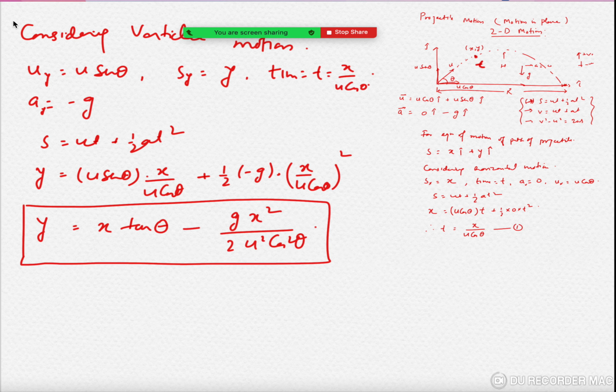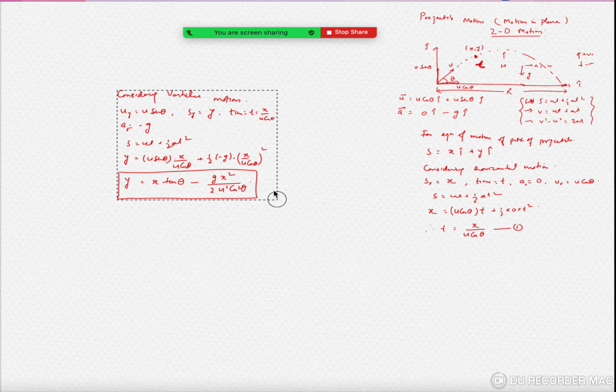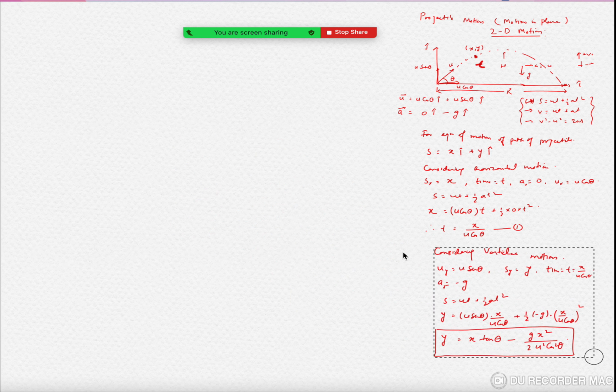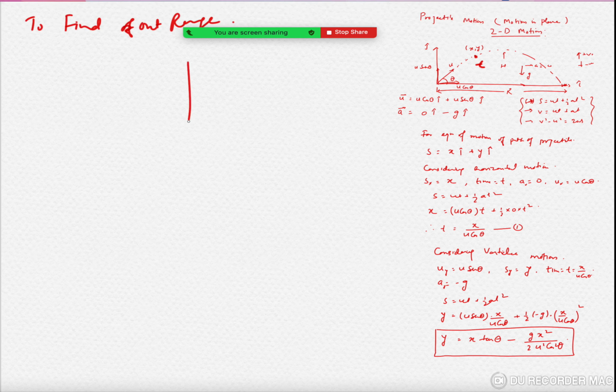So to find out a range. If I make the figure again, at range, if this is 0, 0 and this distance is R, so this is R, 0.